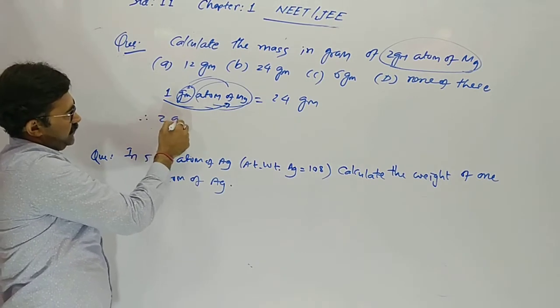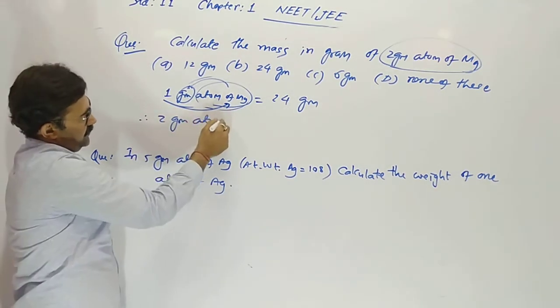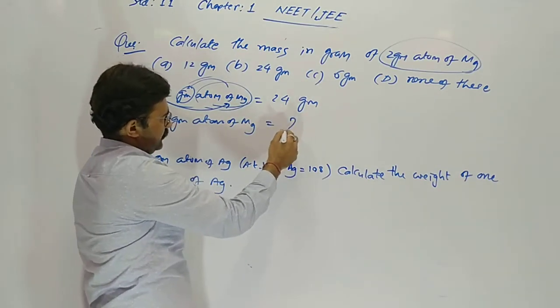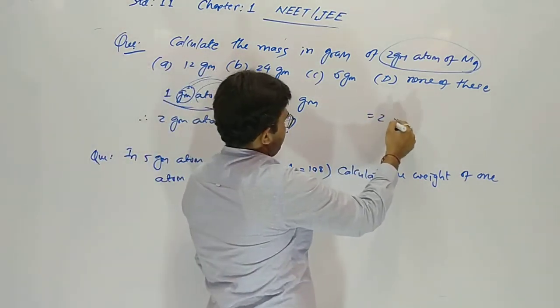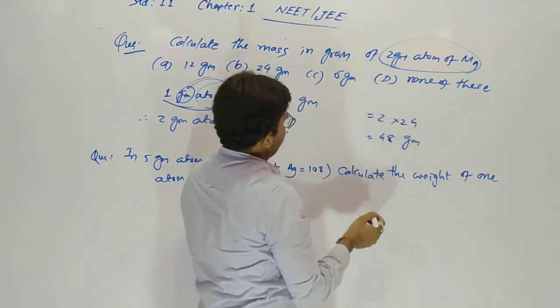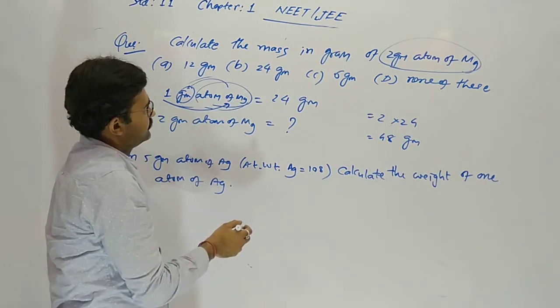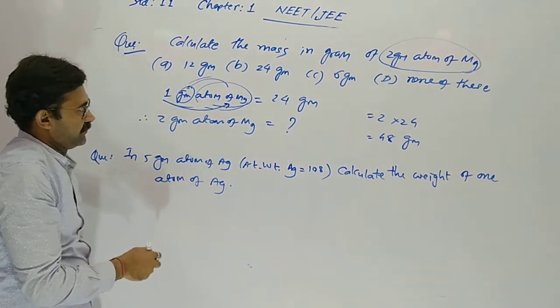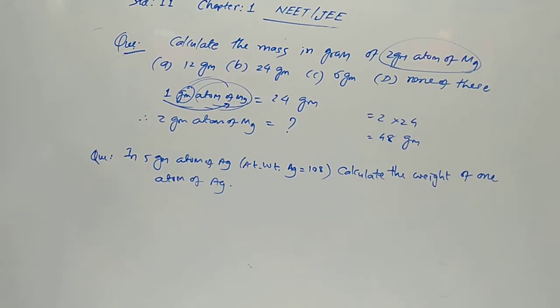Therefore 2 gram atom of magnesium equals 2 into 24, which is 48 gram. The atomic mass of magnesium is 24.